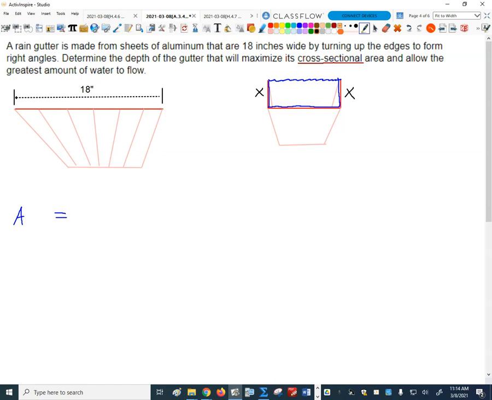So what's the width of the gutter going to be after I make those bends to create the trough? What do you think? Still waiting for some answers. We said that the depth we were going to call X. That's an unknown, so we have to call it a variable, right? Because we don't know what the value of the depth is yet.